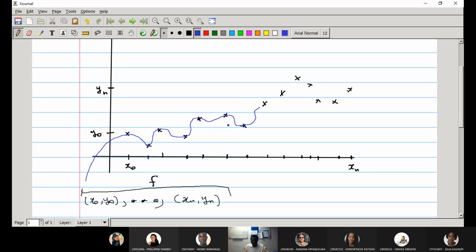for continuity and differentiability, you see, a polynomial is continuous and is also differentiable.